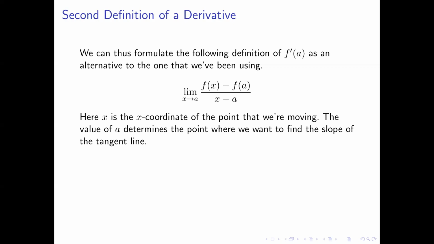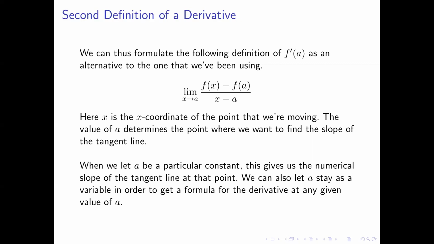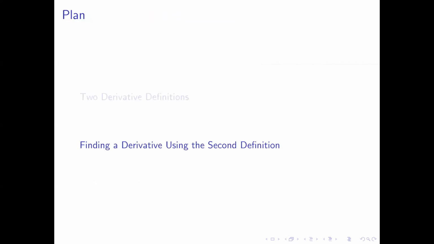So A here will be a constant. And typically when we work with this, we will let A be a particular constant, and then we will end up with the numerical slope of the tangent line at the point in question. Or if we want, we can continue to treat A as a kind of variable, and then that will give us a formula for the derivative of f at any value of A.